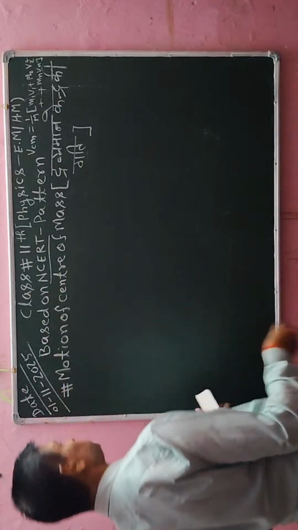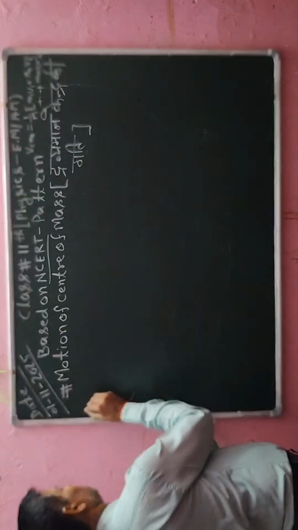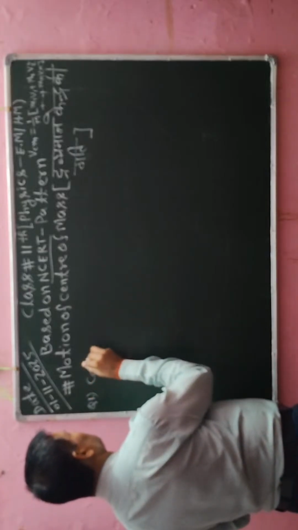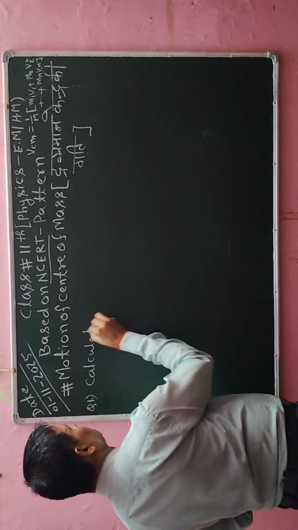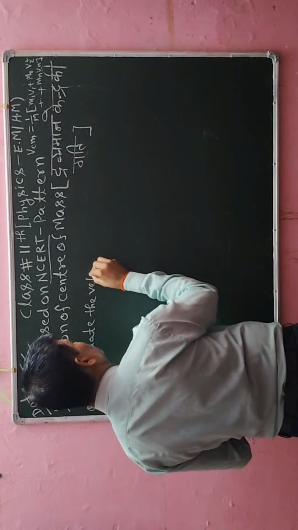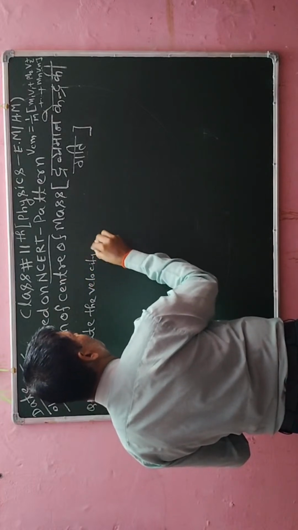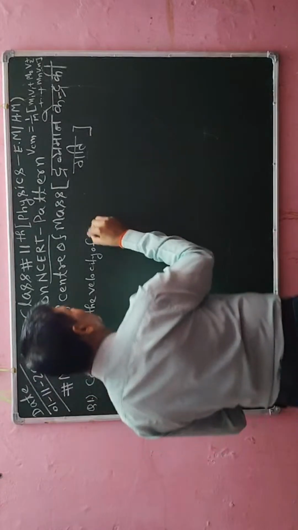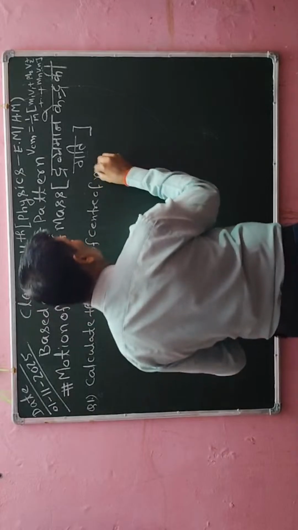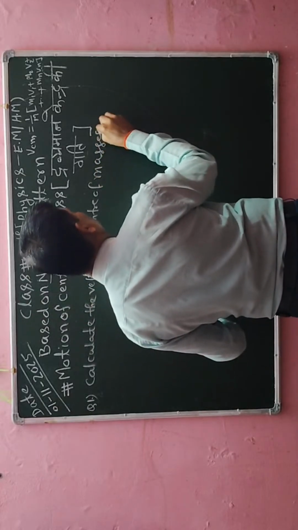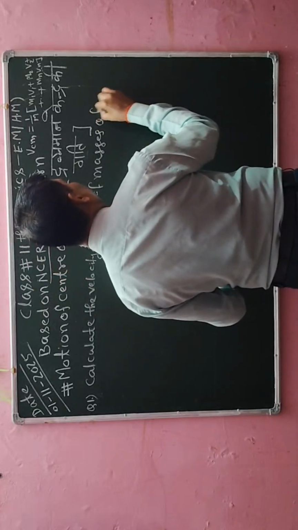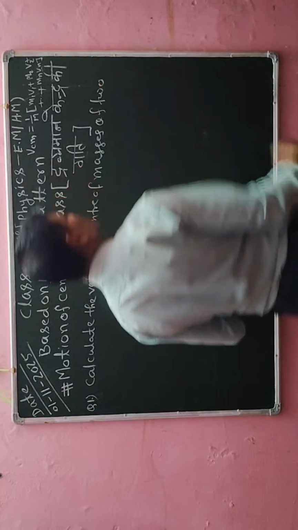Now here I'm going to write one numerical. Calculate the velocity of center of mass of two objects.